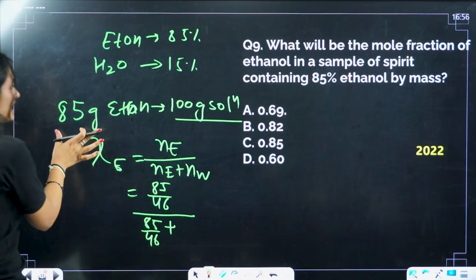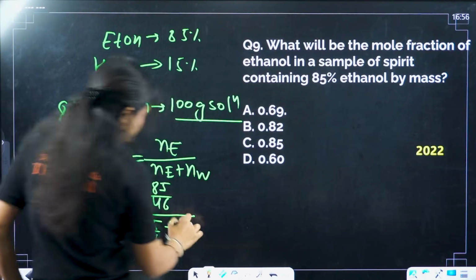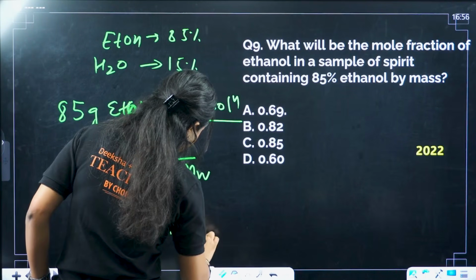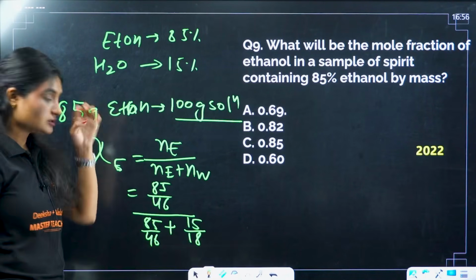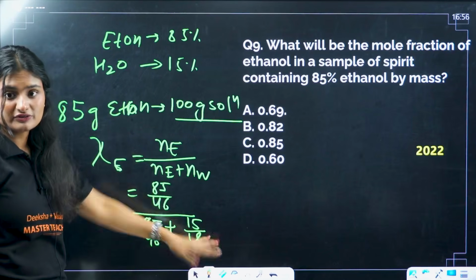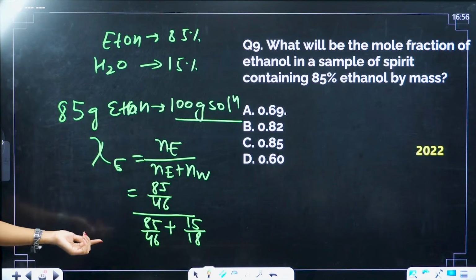If 85 gram of ethanol is present in 100 gram, then 15 gram is water. This is how you calculate mole fraction.